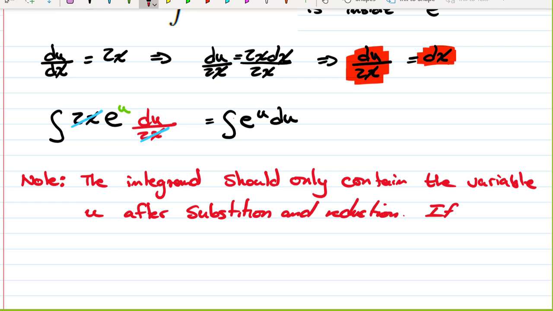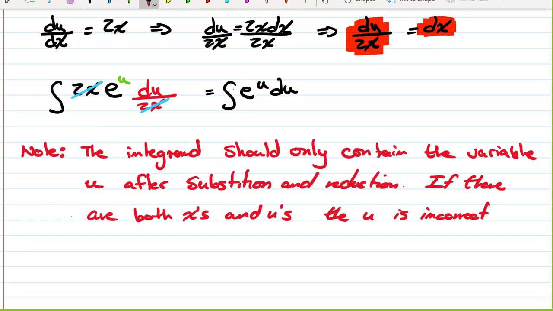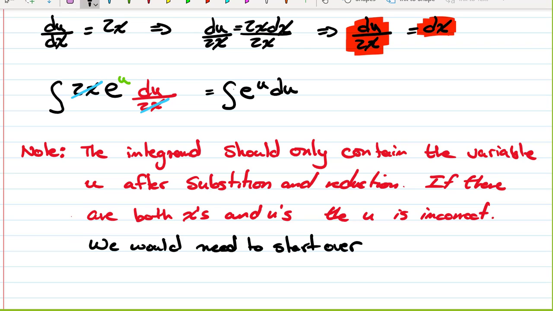If there are both x's and u's, the u is incorrect. So then we would need to start over with a different u.